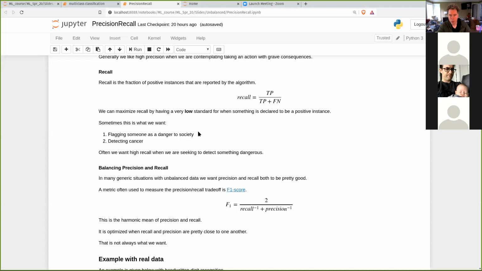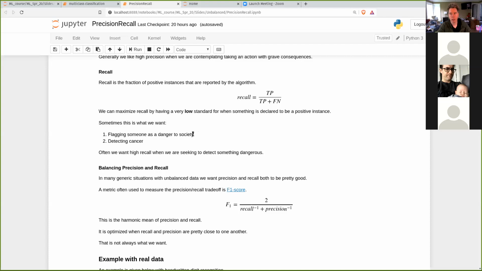You see this in Hands-On Machine Learning with Scikit-Learn and TensorFlow, which gives the example of a shoplifter. If you're running a department store and trying to automatically detect shoplifting, you might have a very low bar for when some customer activity gets flagged and referred to security.